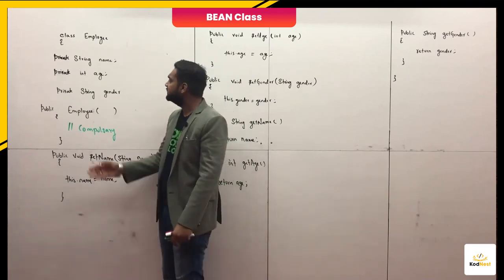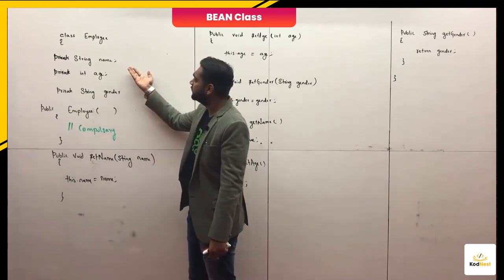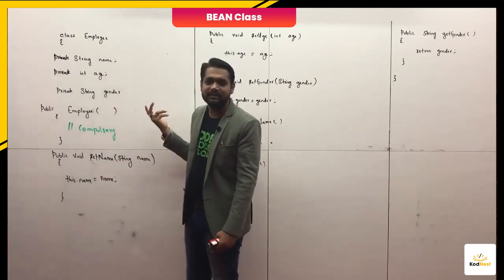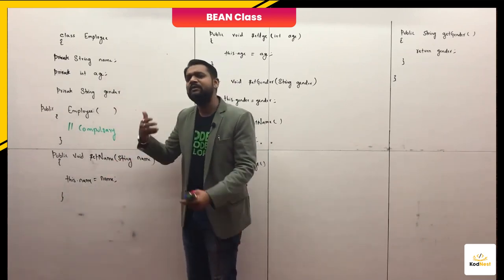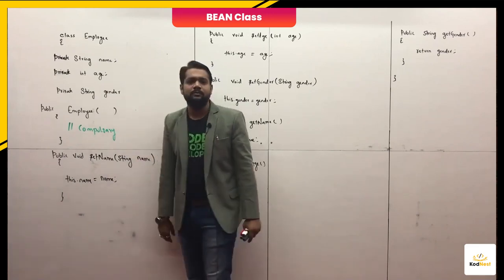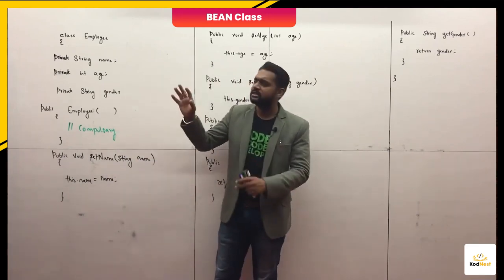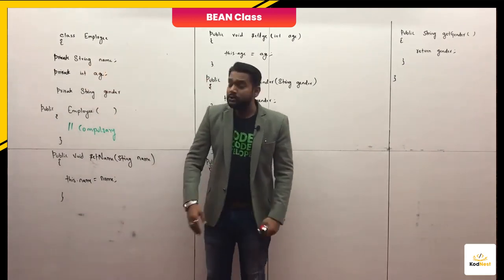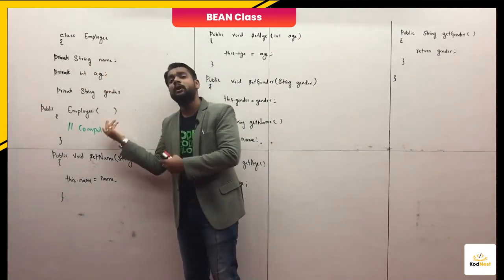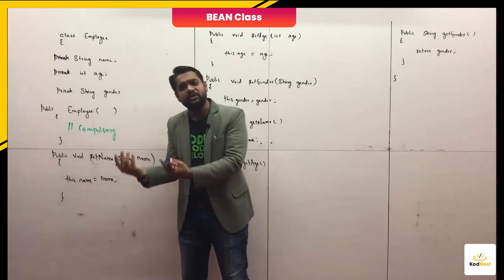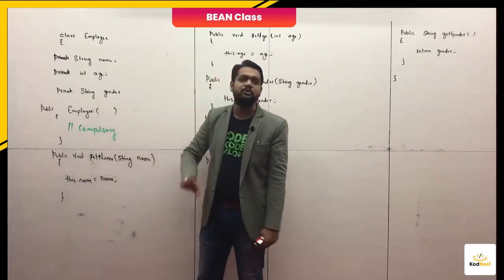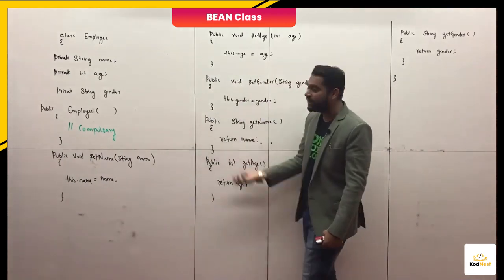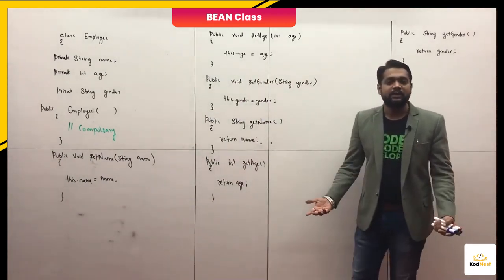Anyway, this is that private members. But in a Pojo class, you need not have it like this. You can have public, you can have default, you can have private, whatever it is. No such restrictions on the data members. You may have a constructor, you may not have a constructor. If you have also, it is a Pojo class. If you don't have also, it is a Pojo class. You may have one setter, you may have multiple setters, whatever it is.